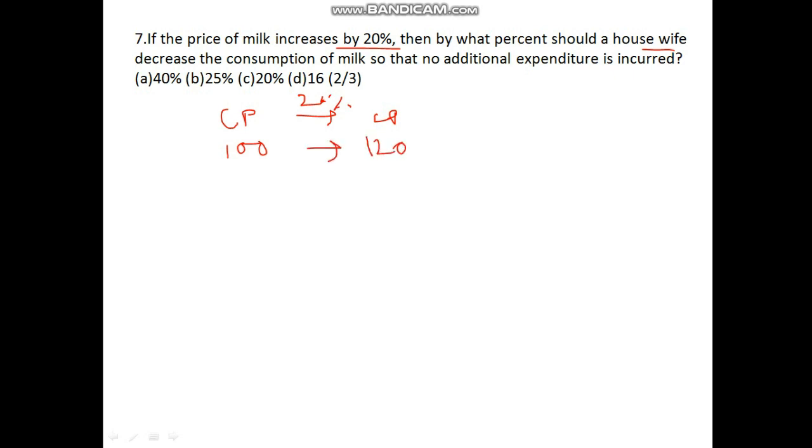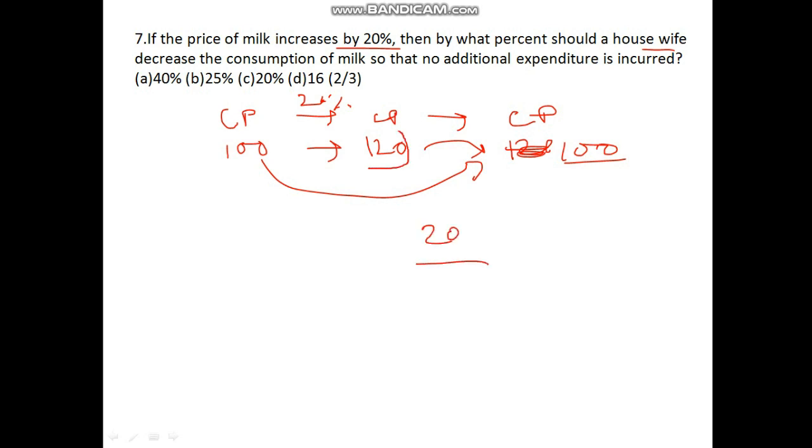Now the consumption would be 100. So how much decrease is this? 20 upon 120 into 100, that is 100 by 6.